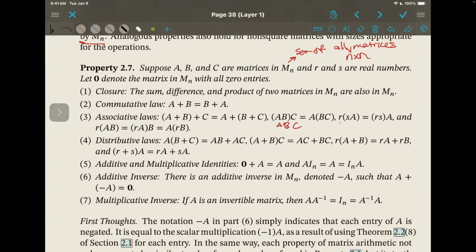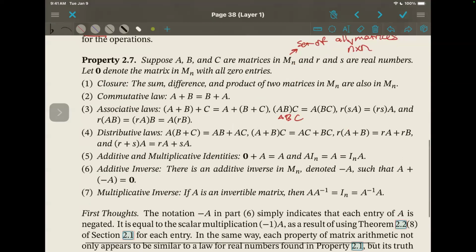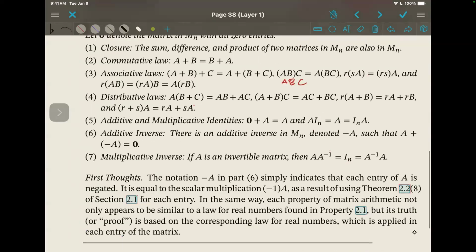R is a real number, S is a real number, so this is doing scalar multiplication. And so this is also commutative. Distributive laws, we can distribute A in here. And again, the order here matters, especially for something like A plus B, then on the right we multiply C. So C gets multiplied on the right to both A and B.